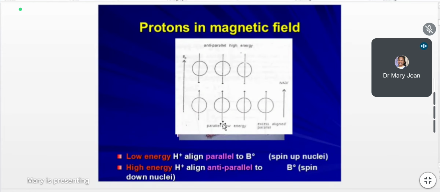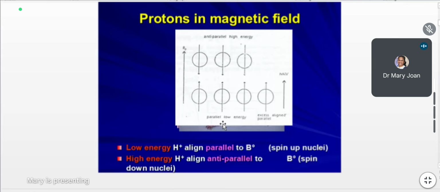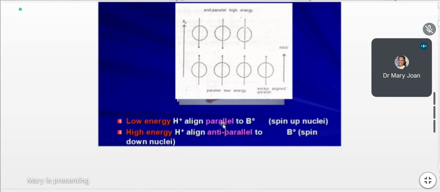That depends on the energy of the nuclei. Low energy ones will be parallel to the applied magnetic field, and high energy ones are anti-parallel to the applied magnetic field. The spin up are low energy ones and the spin down are high energy ones.